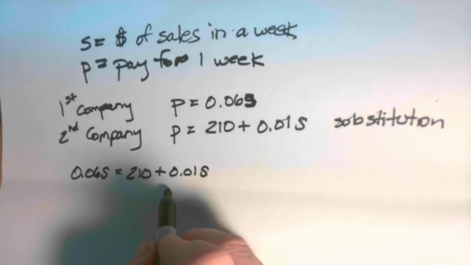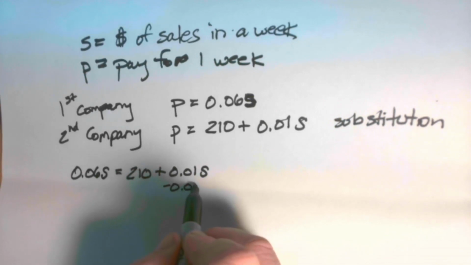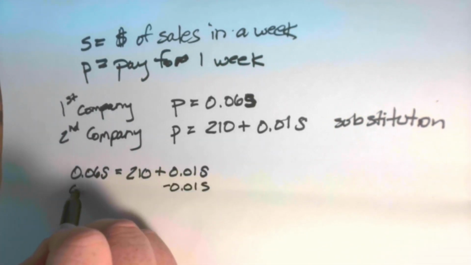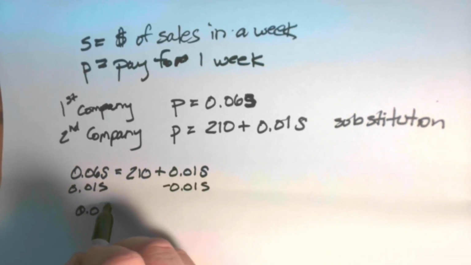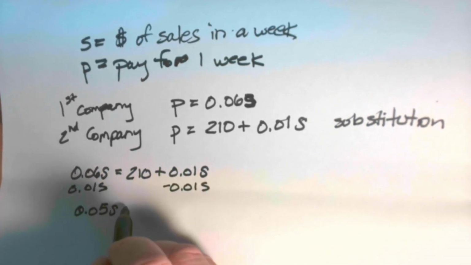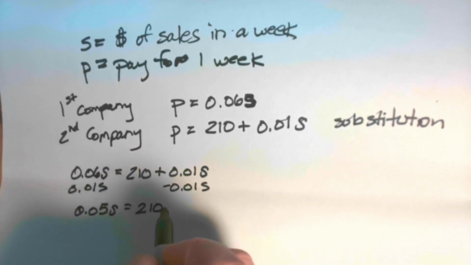If I subtract 0.01 S from both sides, I get 0.05 S is equal to 210.